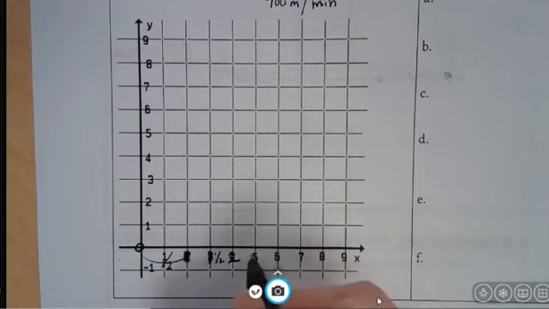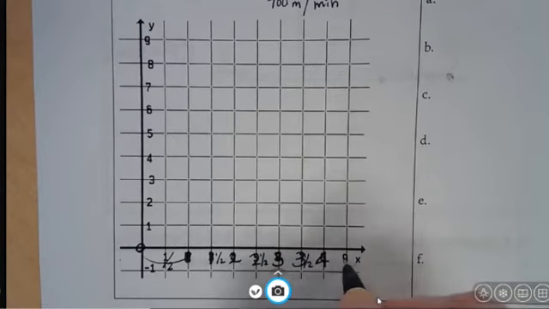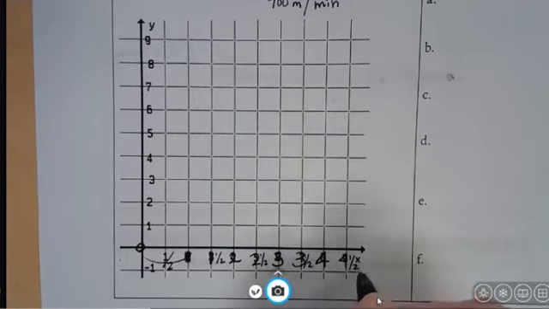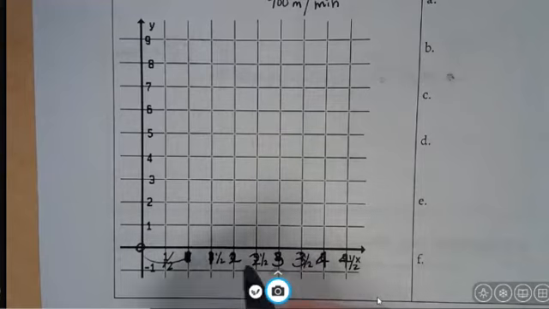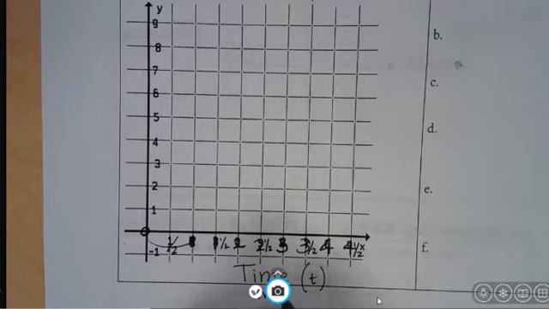So you just need to relabel your graph. So 2 and 1/2, 3, 3 and 1/2, 4, and then 4 and 1/2. And then we need to label that with time, which was t minutes.